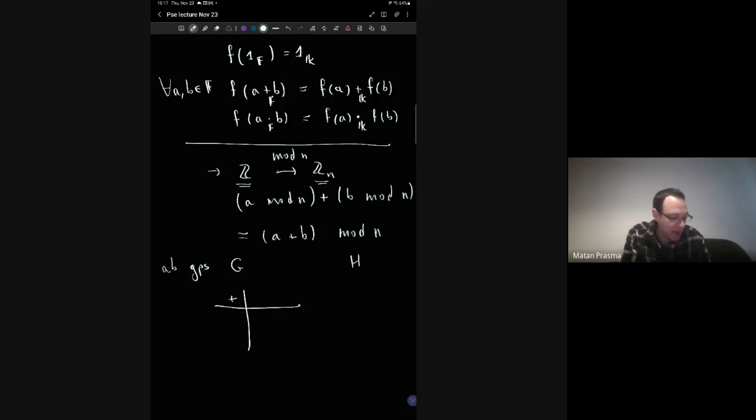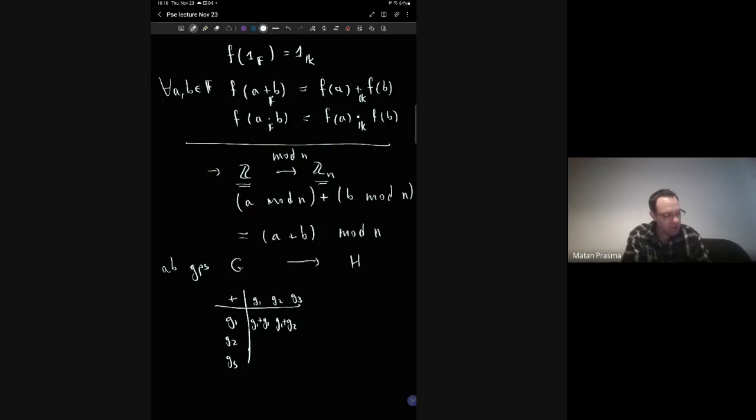You don't have to assume that they are finite, but for the example, let's assume they are finite. So you have some elements, G1, G2, G3, and here you have the addition, G1 plus G2, and so on.